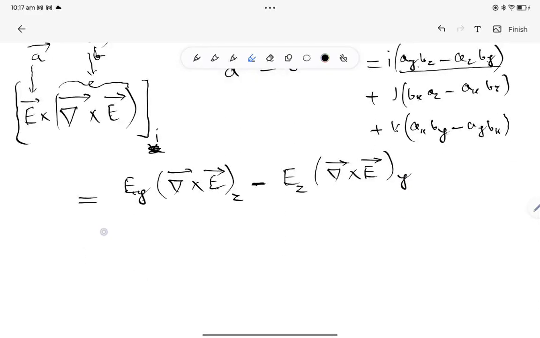Now next we will repeat this for del cross E, this cross product.